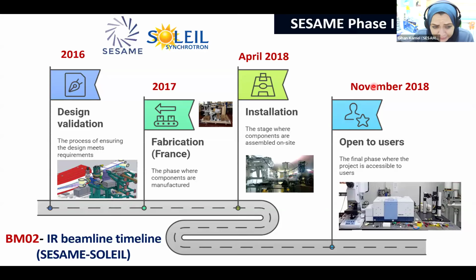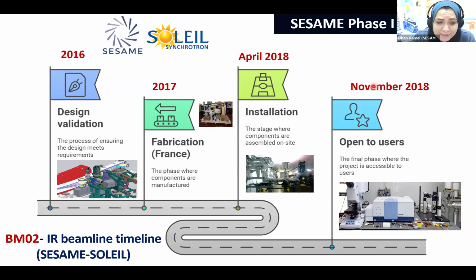So I always put it this way: this beamline is an important contribution, and it's a joint effort between SESAME and Soleil. It was led by one of the experts of the infrared in the world, Paul Dumas. And if you ever want to understand more about infrared, you have to search for Paul Dumas.